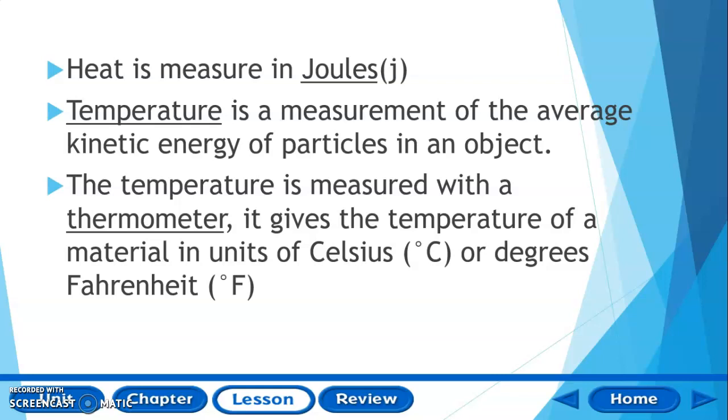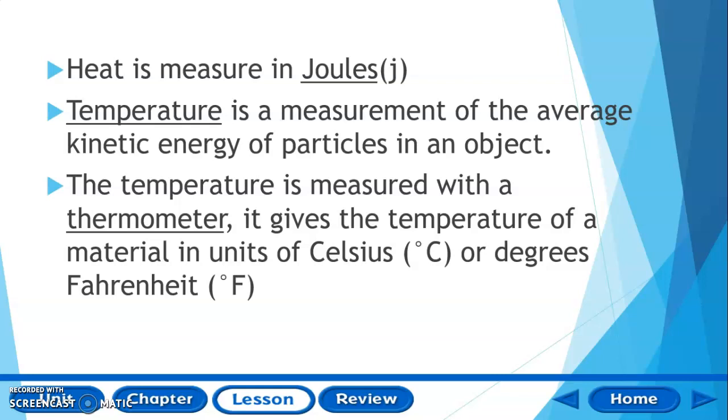So the temperature is measured with a thermometer. Okay? When a thermometer touches a material, the heat will flow either into or out of the thermometer. When the thermometer and the material are at the same temperature, the heat will stop flowing.